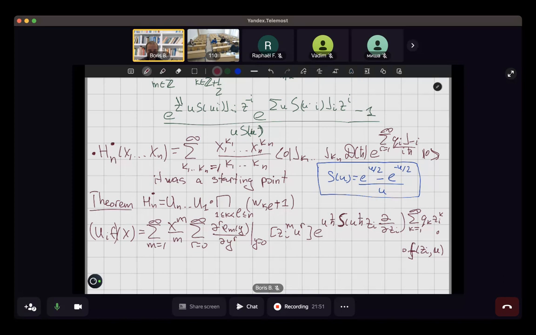Но оказывается, что если вместо J-операторов написать J жирные, то получается вот такая формула для Шура. Давайте я ее напишу. Она уже появлялась, но тем не менее.